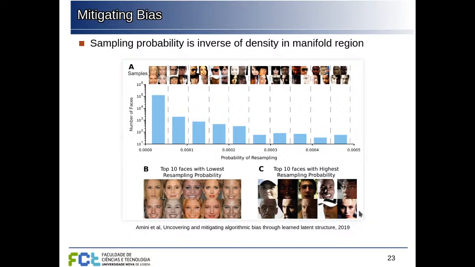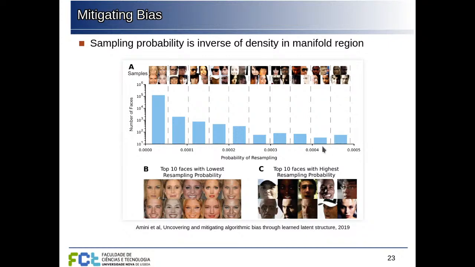Then there are other kinds of images that we have with different illumination, different poses, people have different ages, skin colors, and so on, and these fall into less occupied regions of the manifold of the latent space the autoencoder has built. So what the algorithm does is to assign a sampling probability to these examples using the inverse of the density in the manifold region.